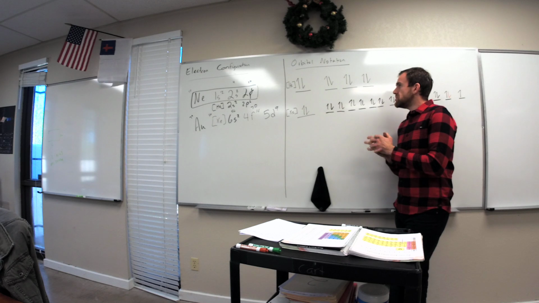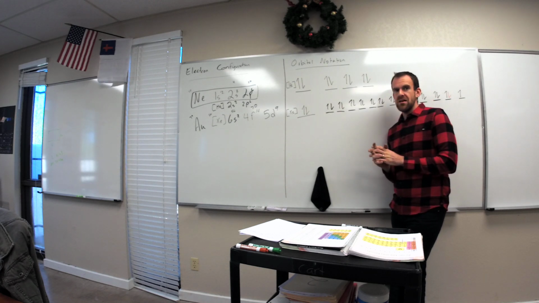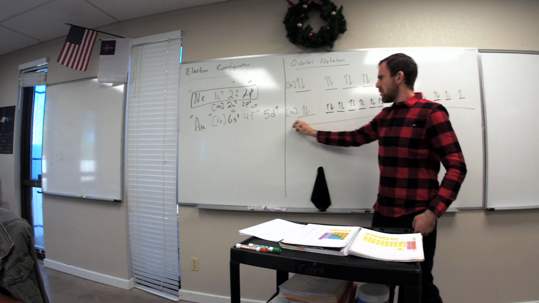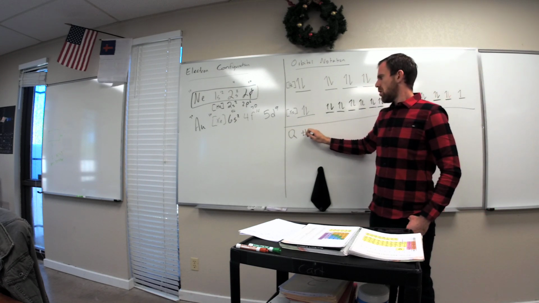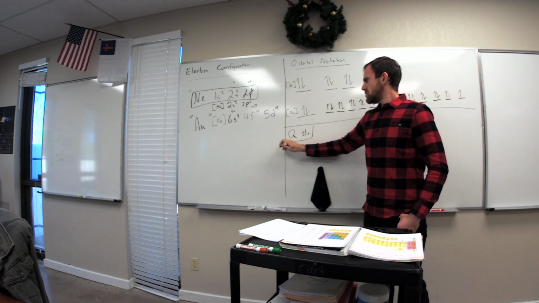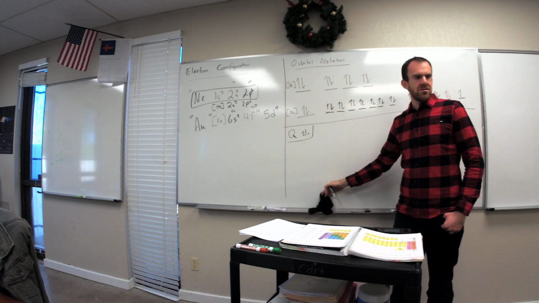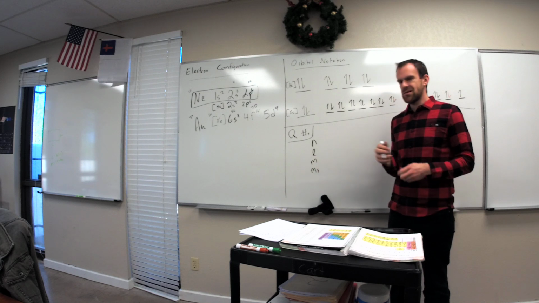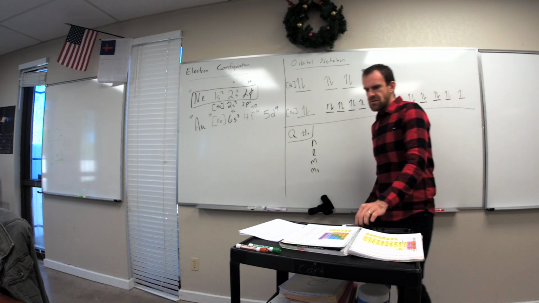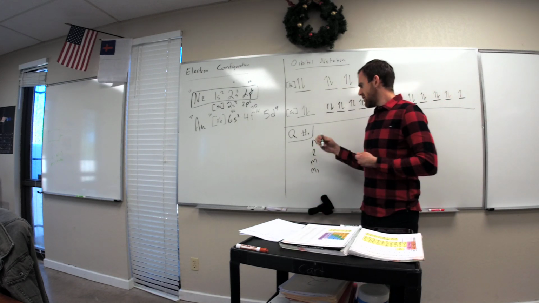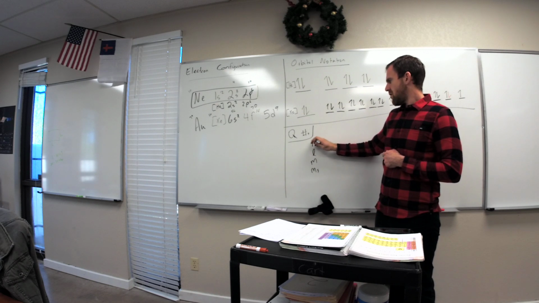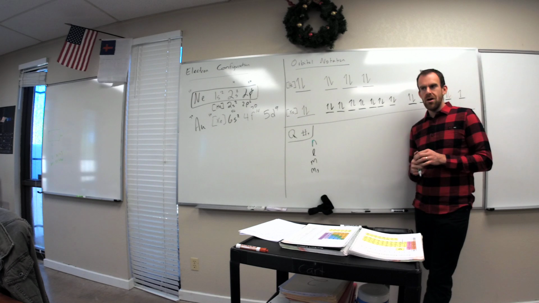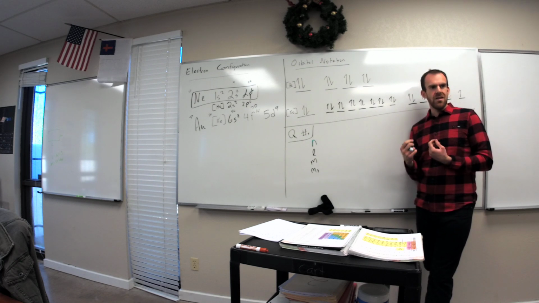Okay, so how do I give the quantum numbers for the last electron? There are 4 quantum numbers. They are n, l, m, m sub s. N goes with the number of the energy level of your last electron.